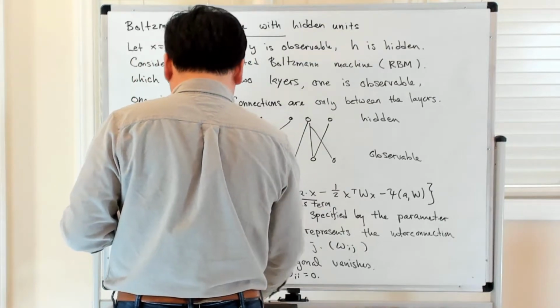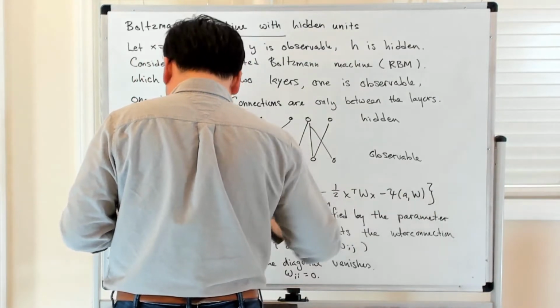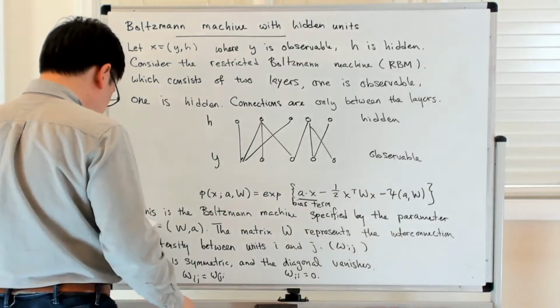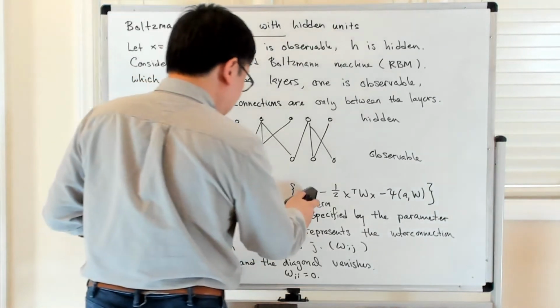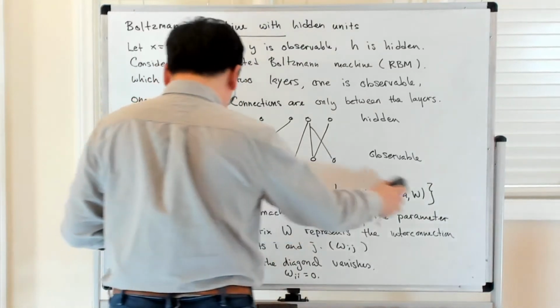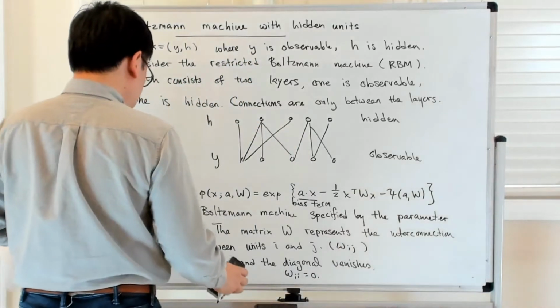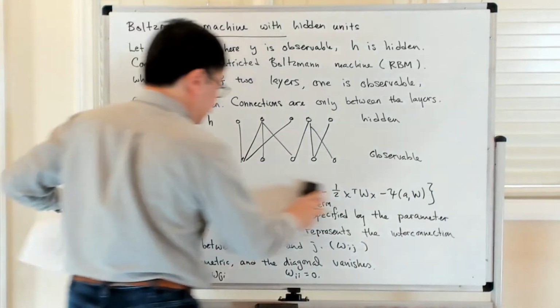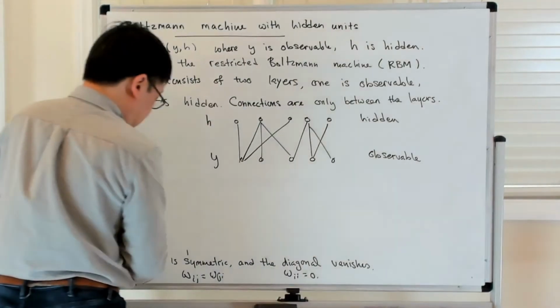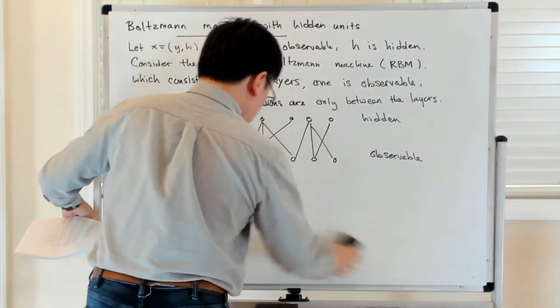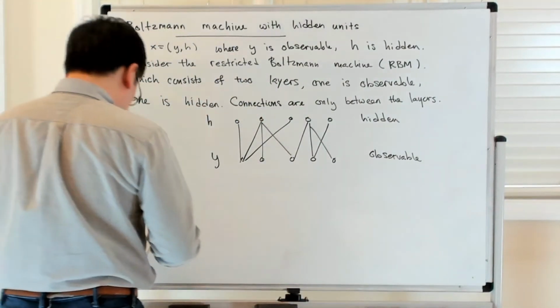All right. So with that in mind, I can write down the stable distribution associated with this. And then for simplicity, I'm going to ignore the bias term. I'm just going to have the remaining terms. Okay. All right.